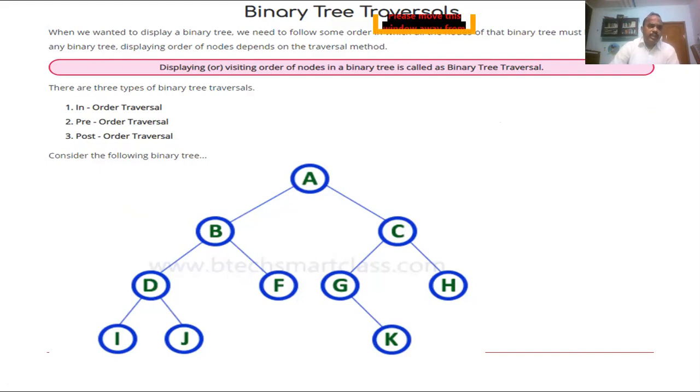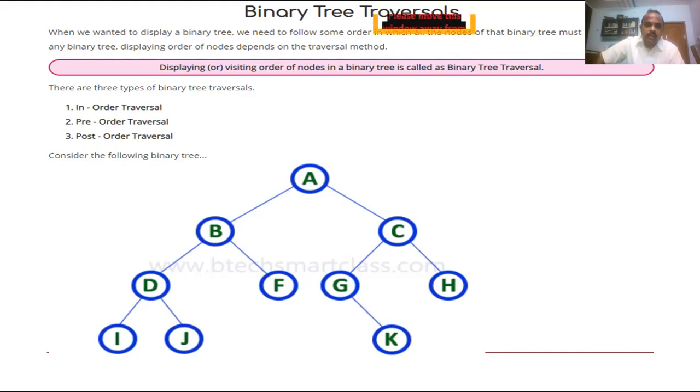In any binary tree, the displaying order of nodes depends on the traversal method. Clear? Displaying or visiting the order of nodes in a binary tree is called binary tree traversal. There are so many ways to display all the elements from the binary tree. That is called binary tree traversal.